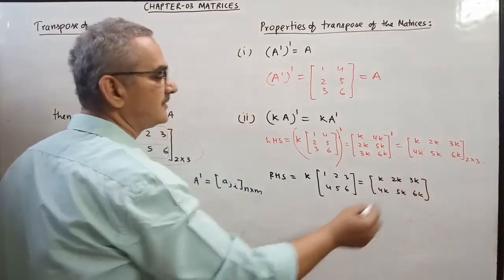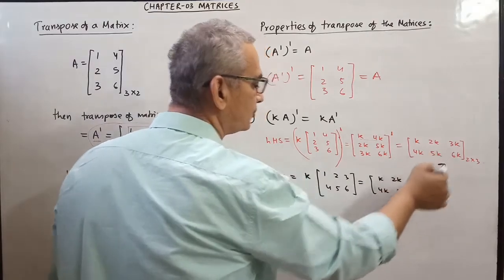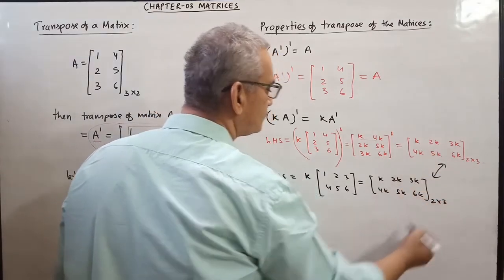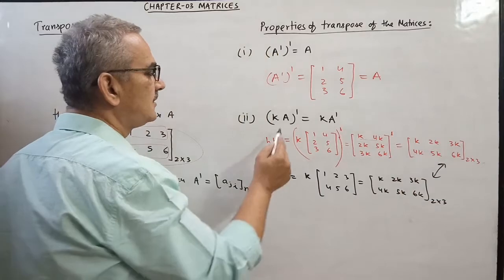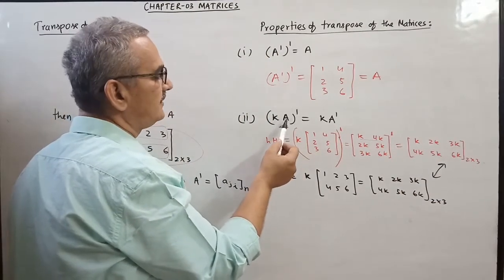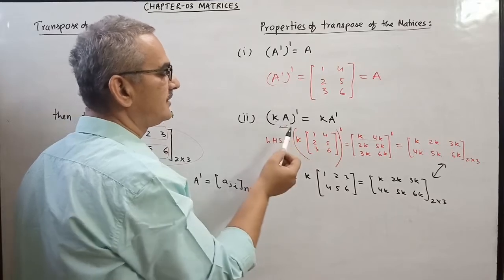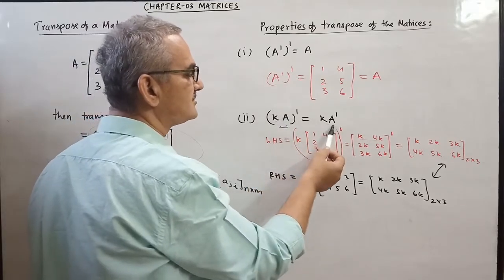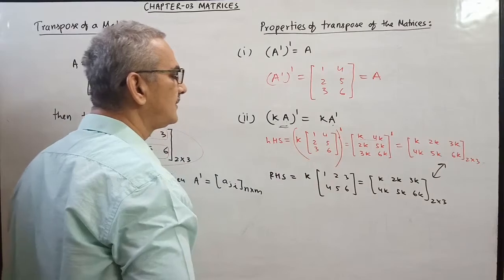And what is this? They are the same. Both are the same, and the order is also 2 by 3. It means you can either multiply a matrix by k and then take the transpose, or first take the transpose and then multiply it by k.